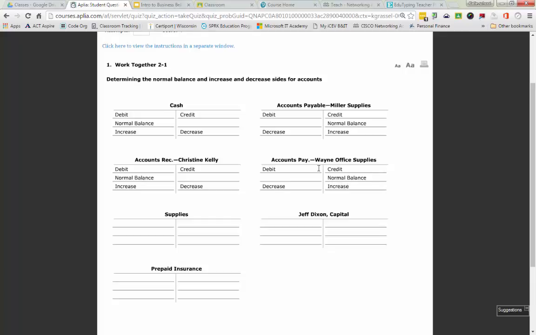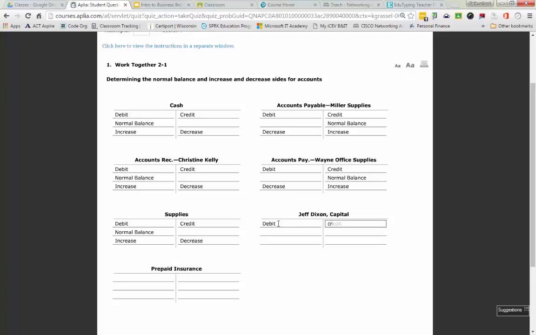Normal balance is always the increase side. Supplies. Left side is always called debit. Right side is always called credit. Seth, what type of an account is supplies? Normal balance? Thank you. Jeff Dixon Capital. Left side is always called debit.